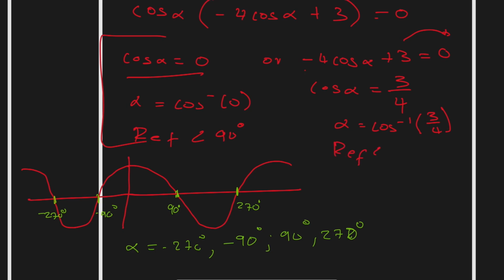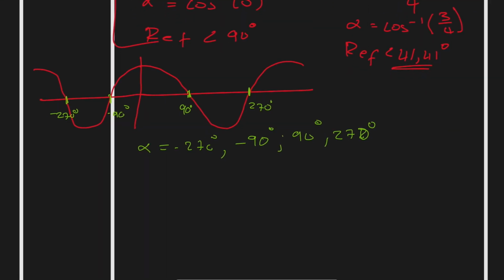So how much is your reference angle going to be? Remember, you must punch that on your calculator. If you say shift cos of 3/4, that is going to give you the angle of 41.41 degrees. So this is your reference angle.